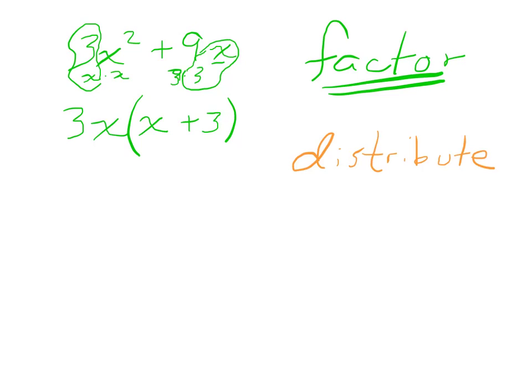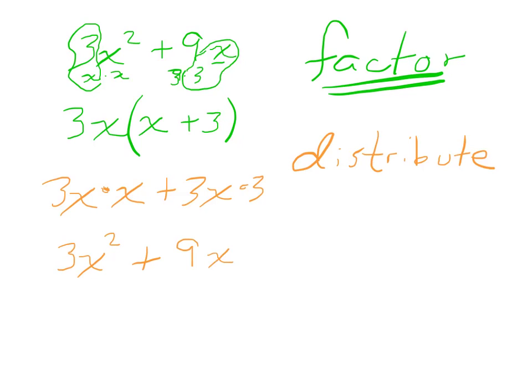So 3x times x, plus 3x times 3. So when I simplify that further, I would get 3x squared plus 9x, which of course, hopefully 3x squared plus 9x looks a whole lot like 3x squared plus 9x.